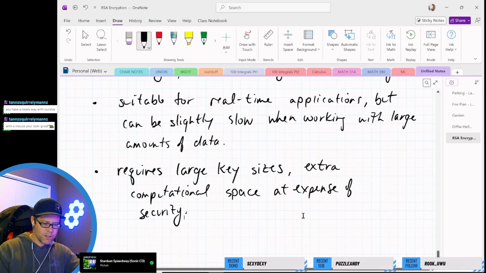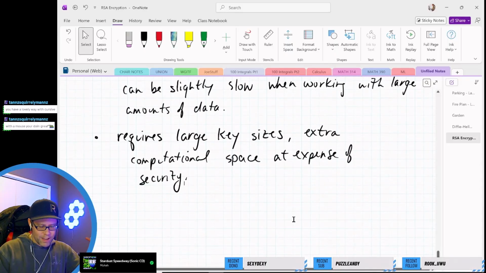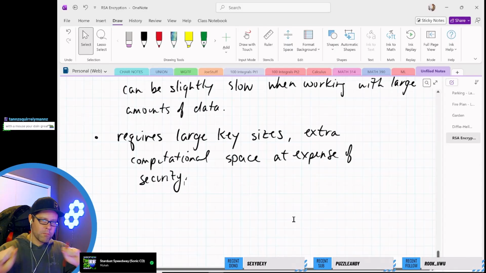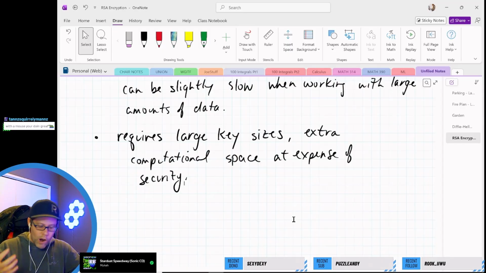So with regards to a lot of these algorithms, I think for RSA, there's kind of like give and take between what we need computationally to make things work and the amount of security it offers. So I think what RSA provides, it kind of skips a little bit on the security side in exchange for requiring a little bit more space to do its work.